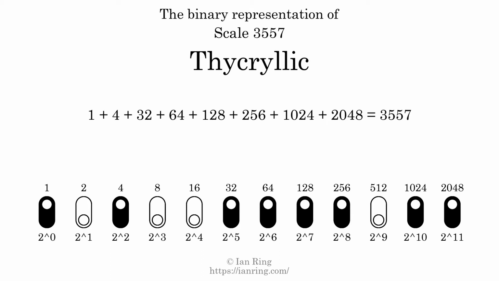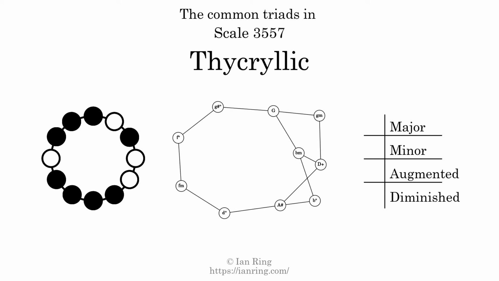That is why the scale number, in decimal, is 3557. The scale number not only enumerates the scale with a unique index, but it also literally describes the tonal content of the scale. Represented as a binary number in base 2, the scale number is 1101111000101.